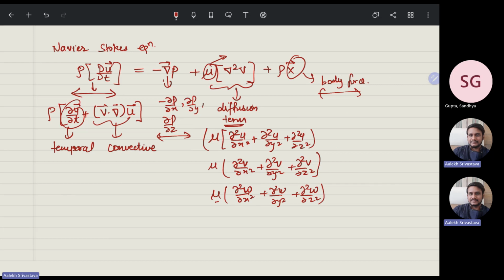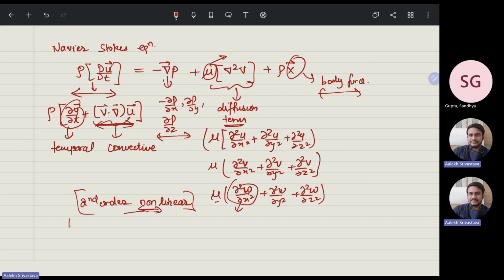Okay. Now if you see, it is a second order non-linear partial differential equation. Second order is coming from the diffusion term, and non-linear is coming from the convective term.